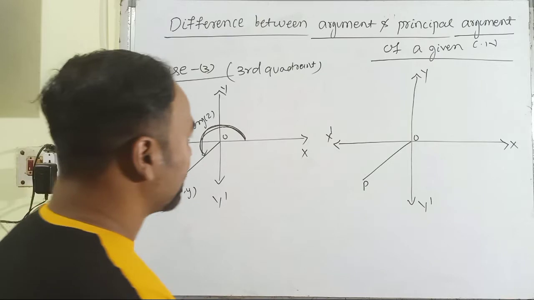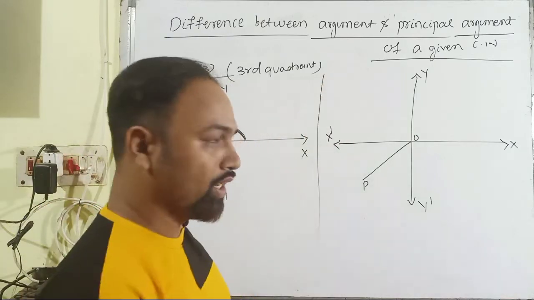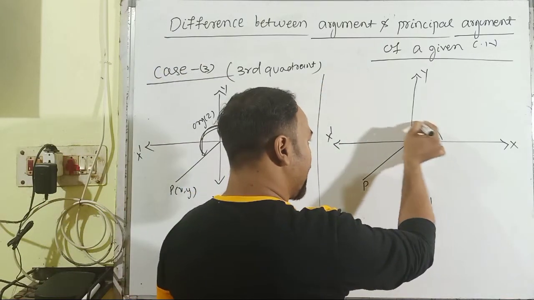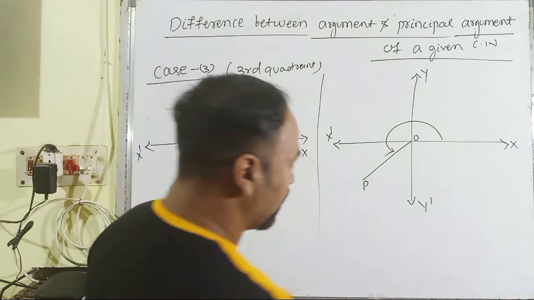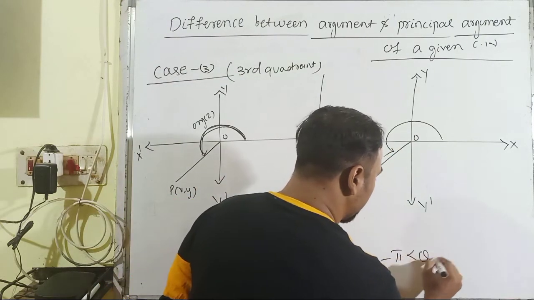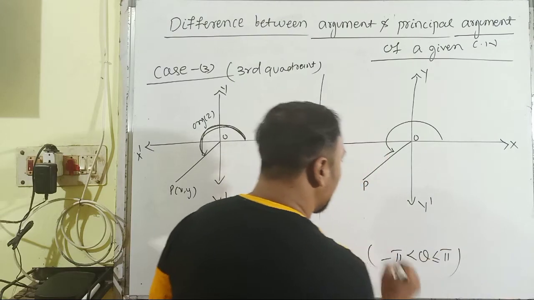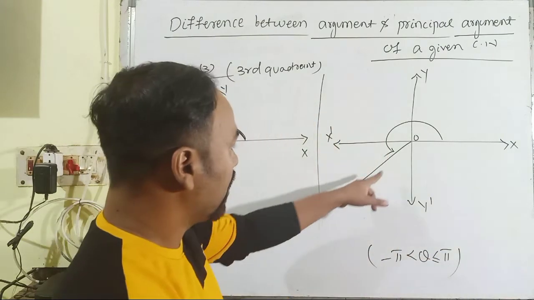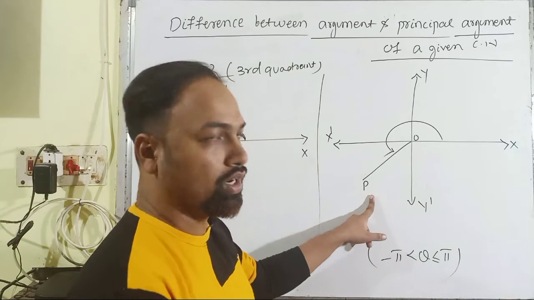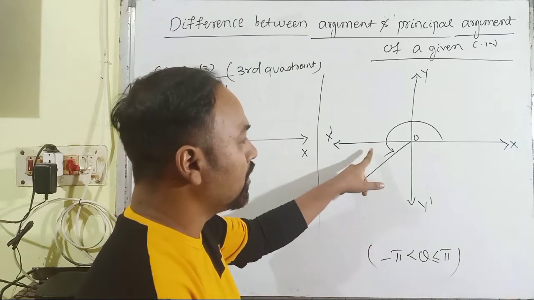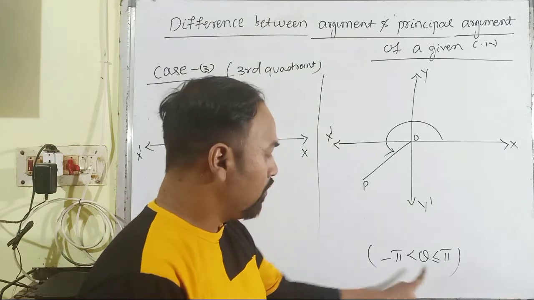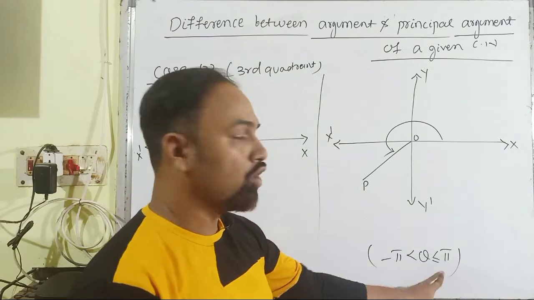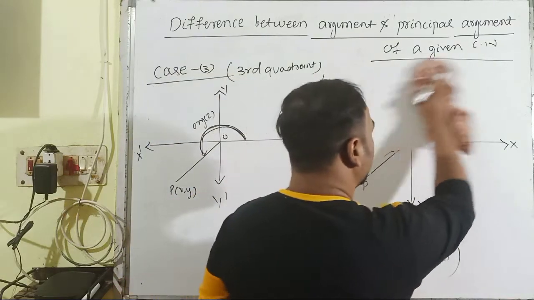But whenever we try to find the principal argument, this case is not satisfying the condition minus pi less than theta less than or equal to pi, because the line OP lies in the third quadrant. That means the angle is much greater than 180 degrees. So it is not satisfying the condition, and we cannot go for this diagram.